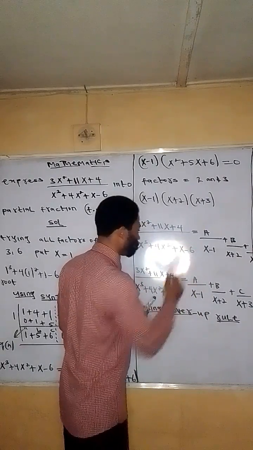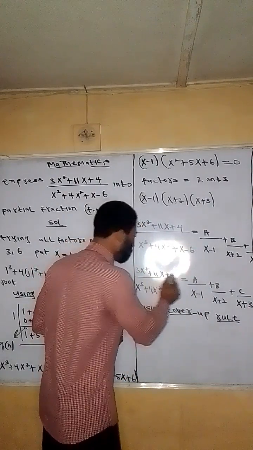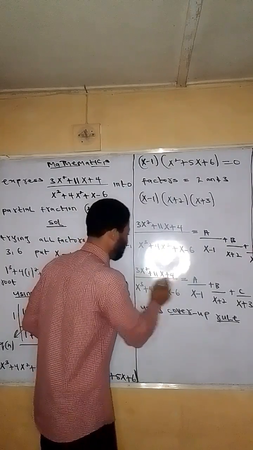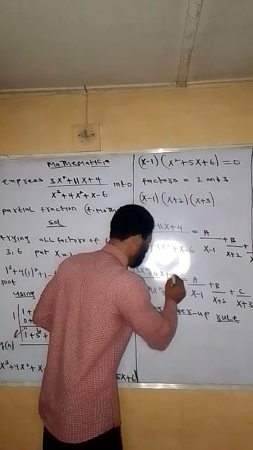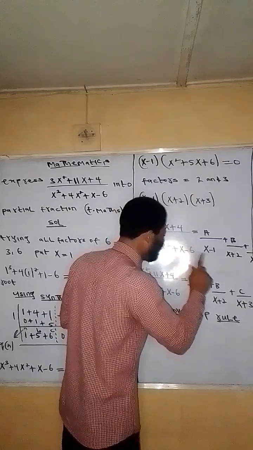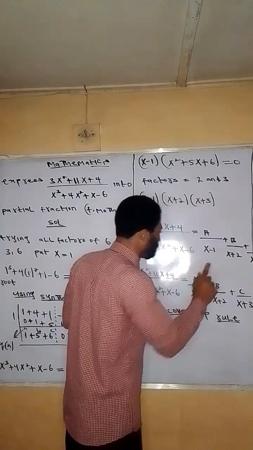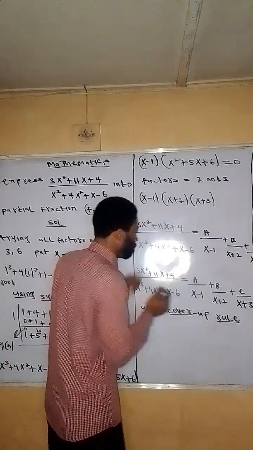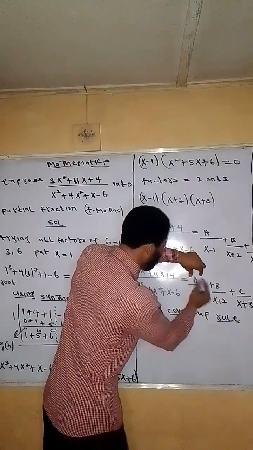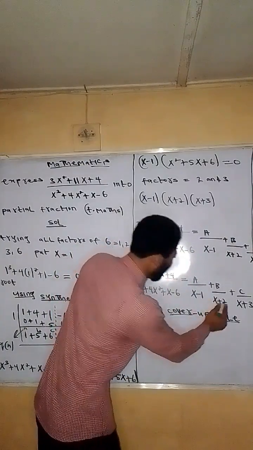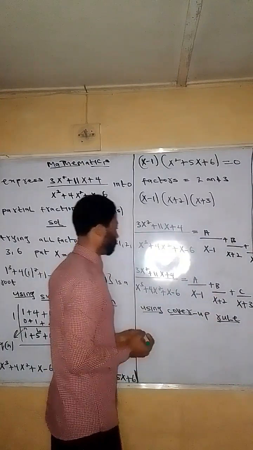So it is going to be the numerator of the original fraction divided by the denominator of anything that has no a. So to get this a, I will cancel here. It becomes this numerator divided by this and this.